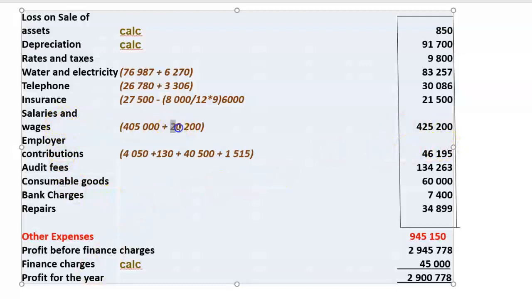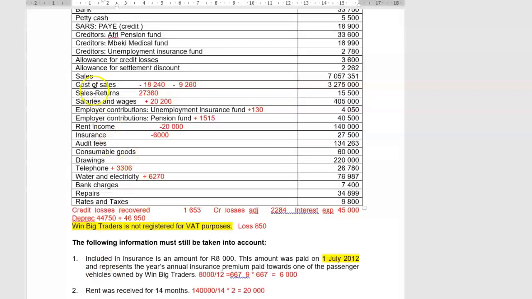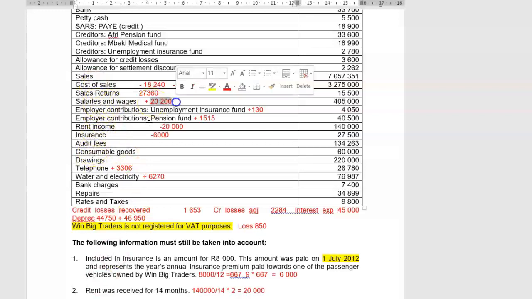Salaries and wages, it was the amount that I gave you plus the 20,200. Employer contributions, here I've added everything together, the 4050 plus 130, 4,500 and 1515. If you go back here, you can see exactly salaries and wages plus the 20,200.